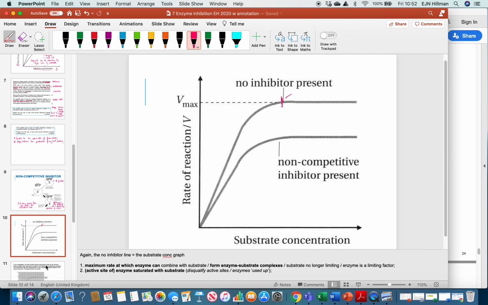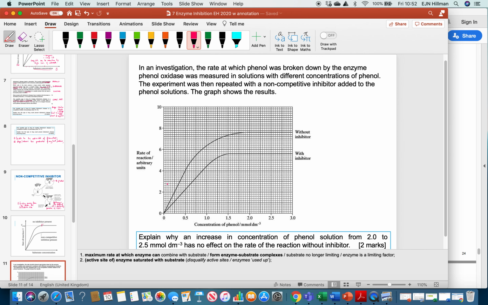Let's have a look at an example of this then. Firstly, let's read through the stem. Let's see if we can identify the enzyme, the substrate, and the products. The rate at which phenol was broken down by the enzyme phenyl oxidase. So phenol must be our substrate.